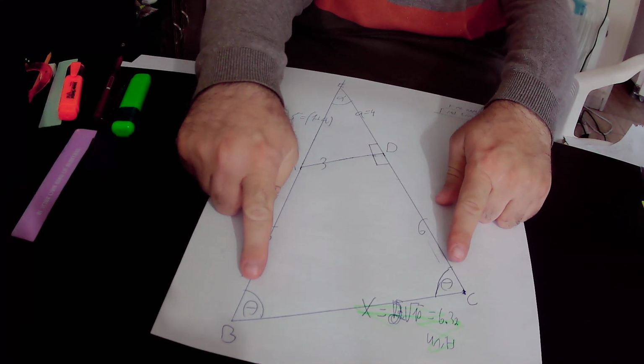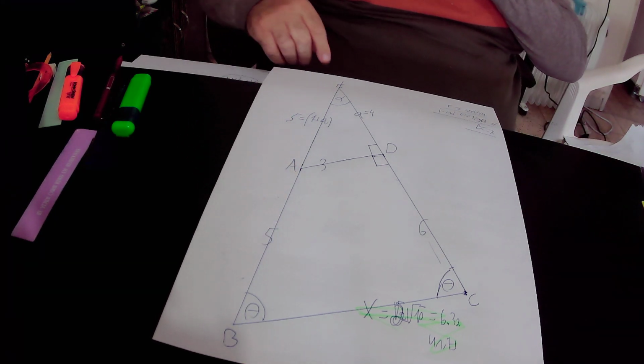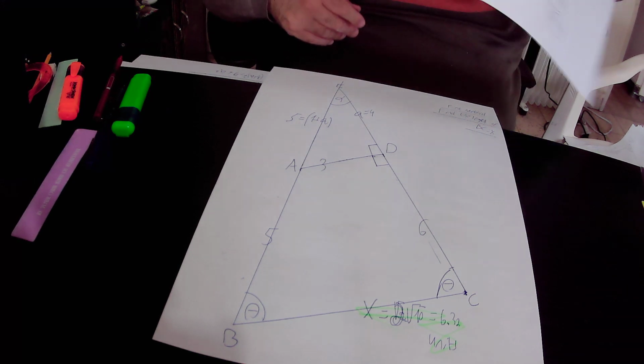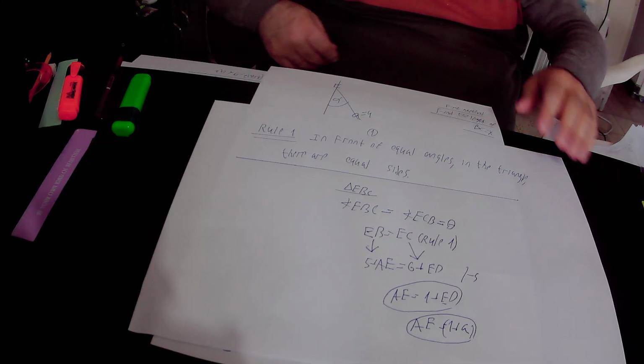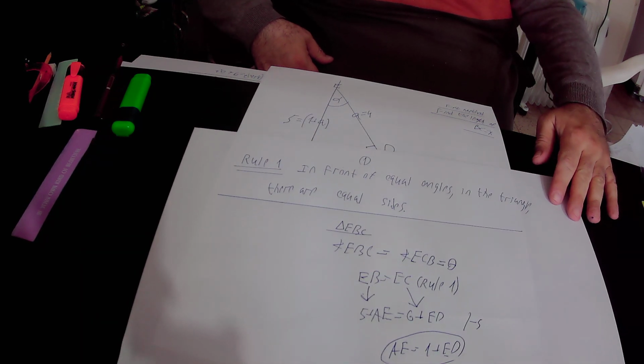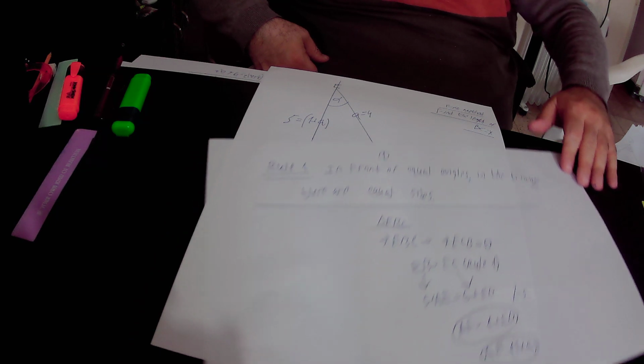Those two angles that are equal to each other are both equal to theta. And according to rule number 1, in front of equal angles in the triangle, there are equal sides. I'll repeat again, in front of equal angles in the triangle, there are equal sides.